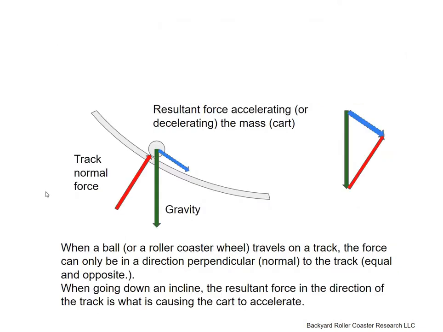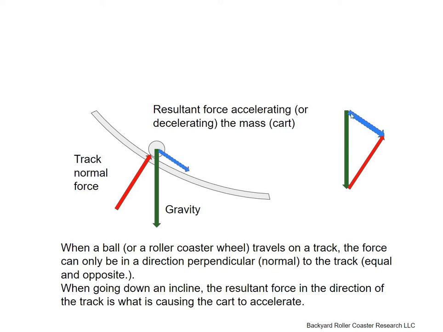So when a roller coaster rolls on a track, a curved track, then the resultant force or the deceleration of the mass is like I'm depicting here. This is the normal force. A track can only exert a force on a wheel normal to that point in the curvature of the track. Gravity always goes down, so the resultant of that is this either acceleration or deceleration. If we're going down a hill, it's accelerating at this rate.